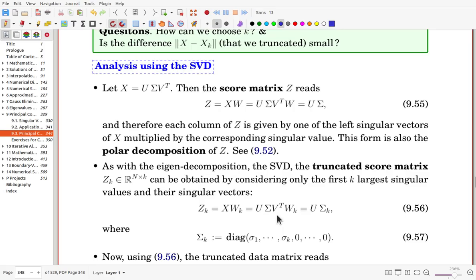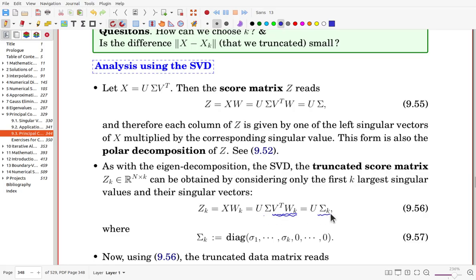W is also a sort of a V, but it has only K columns. So it's the same as, up to K component is identity and the remainder part is 0, so that only the K components affect.